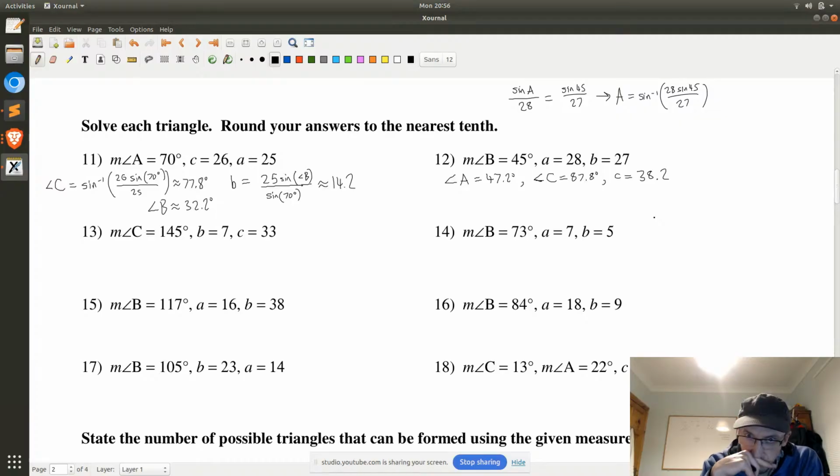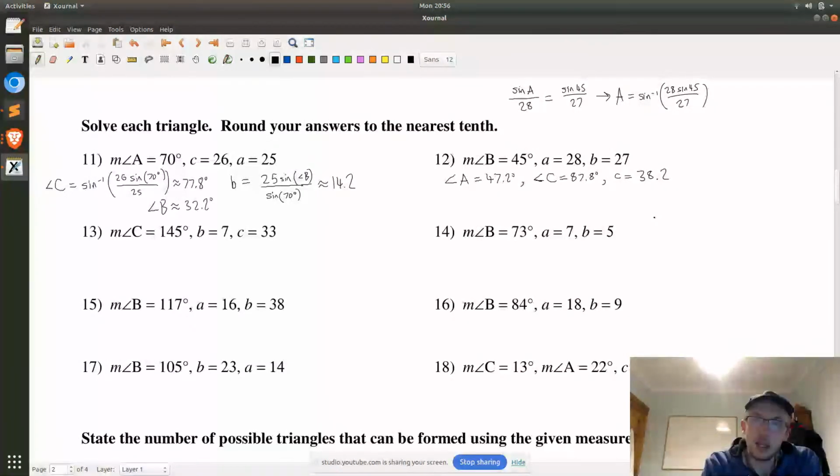Now, B is down in the corner. 27 is opposite that. So it could be like that, or it could be like that.